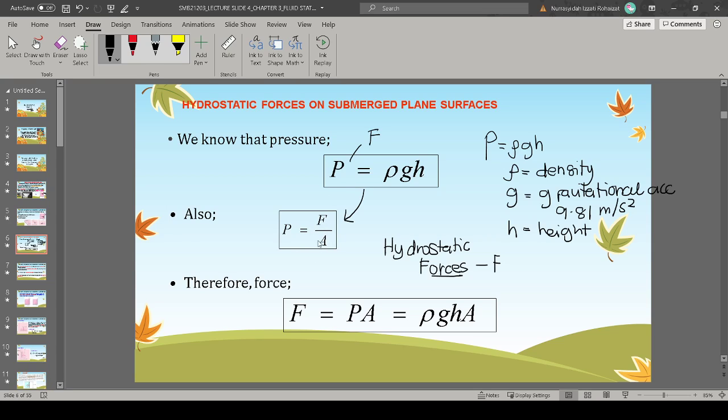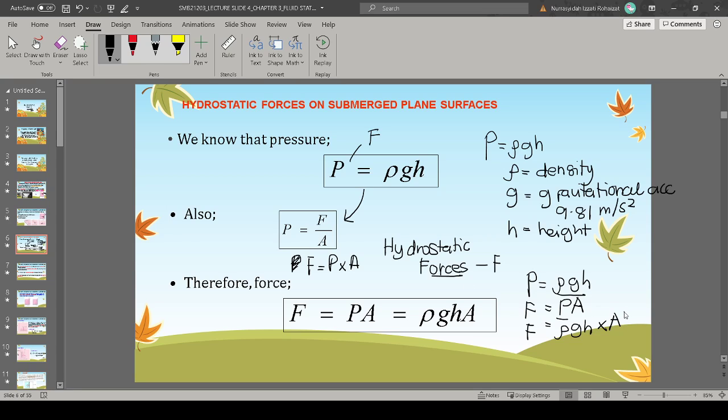If we rearrange this formula, we get F equals P times A. So we have P equals rho g h, and F equals PA. P is this, so it becomes rho g h times A, and you will get your hydrostatic force.